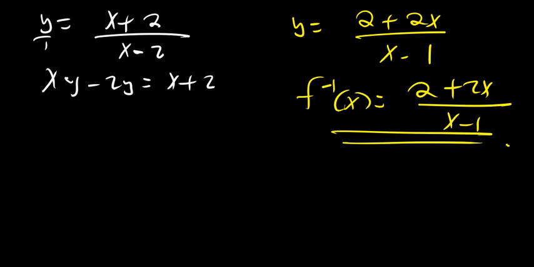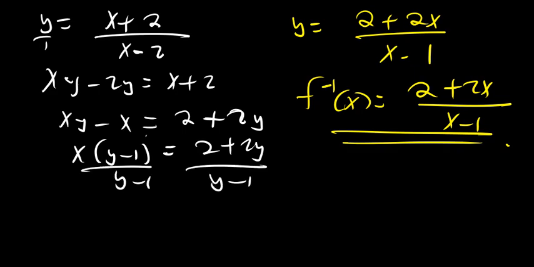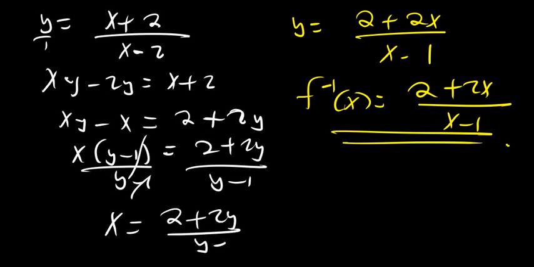Shift that x to the other side, so you end up having xy minus x is equal to 2 plus 2y. Make x the subject of the formula. This will be divided by y minus 1 on both sides. These will cancel out. x is equal to (2 plus 2y) divided by (y minus 1).